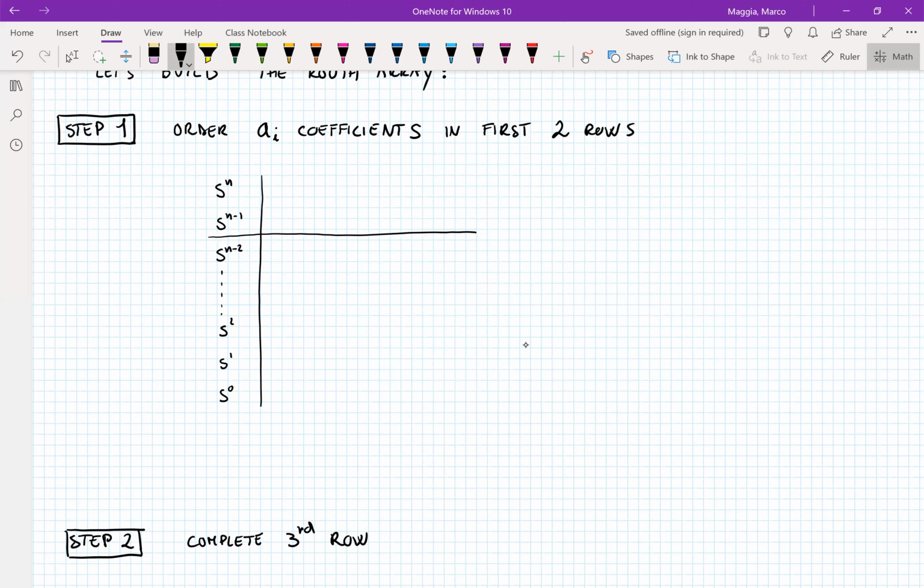We start from the first entry, the top left. So we're going to write an here, and then we proceed this way. We go down first, an minus 1, and then we go up again, and then down again, until we fill everything.